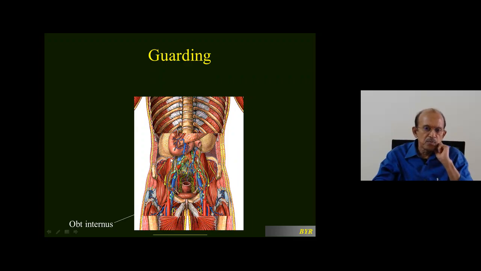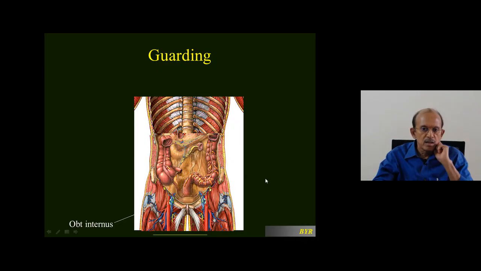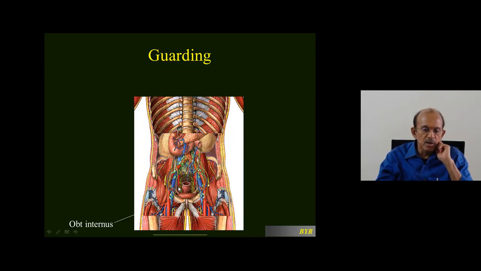You can see here, this is the cecum and this is the appendix. If you take away the cecum, what structure is there? Behind it is the iliacus muscle and this is the psoas major muscle. So the psoas major muscle will be irritated, so it goes into spasm.